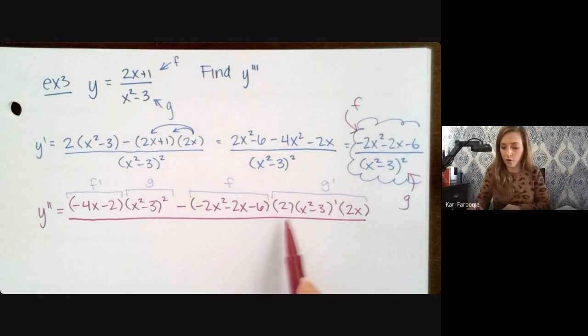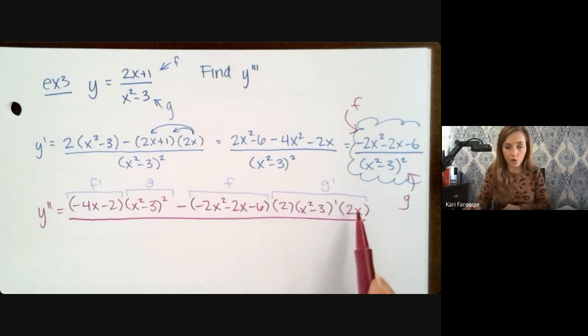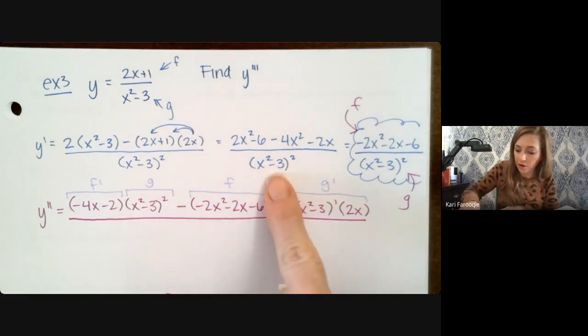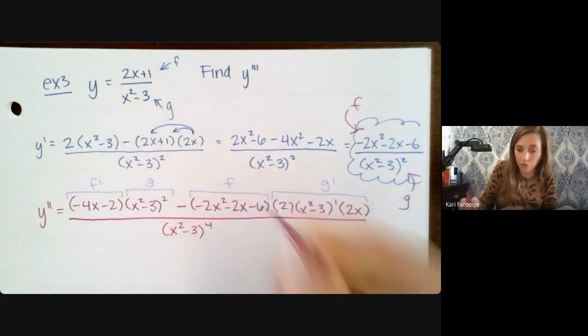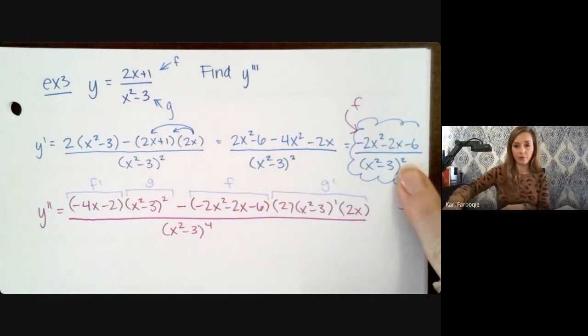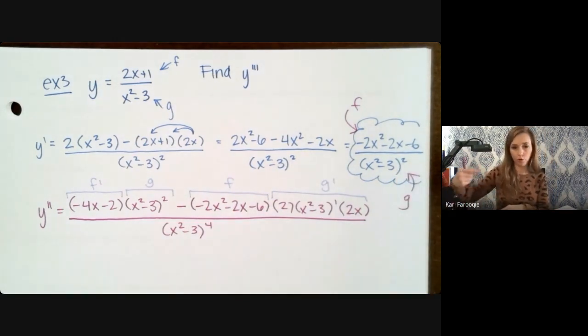Okay, so twice x squared minus 3 multiplied by 2x is G prime. G squared is just going to be your current G, but now to the 4th power. You're taking something that's squared and squaring it. A power to a power means you multiply the powers.